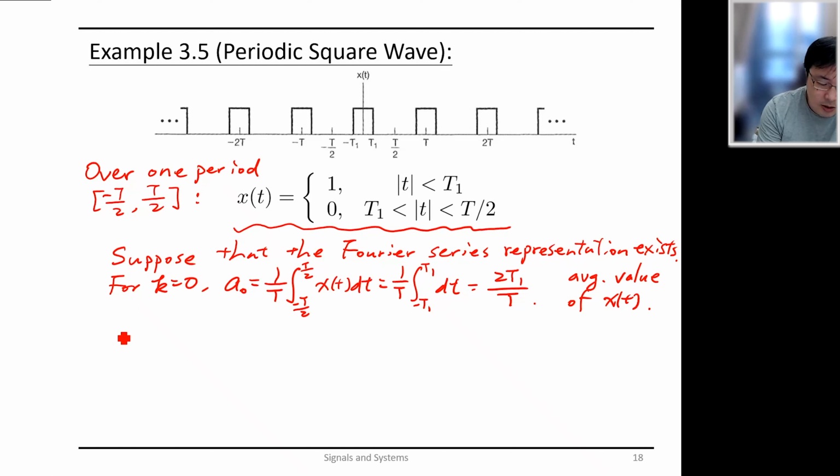Now we can look at a more complicated case where k is not equal to 0. So if k is not equal to 0, then ak is equal to 1 over T, the integral of x of t e to the minus j k omega naught t dt.